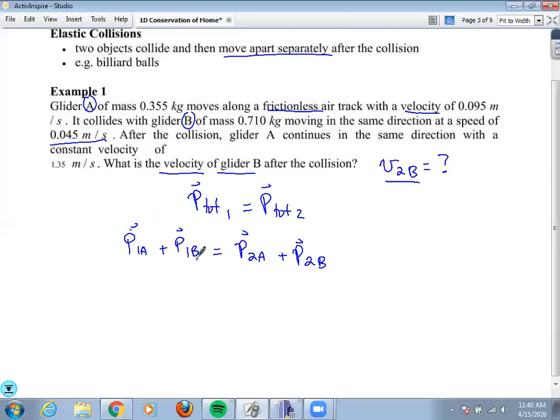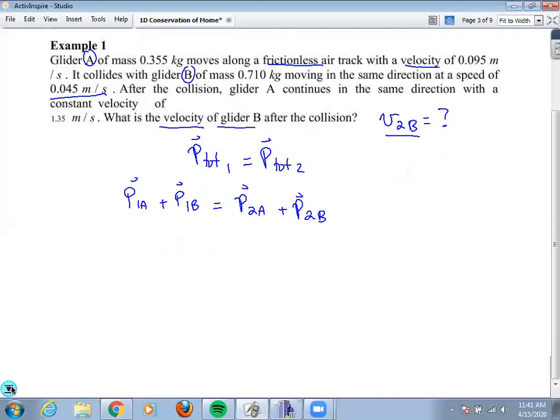Because we don't know the momenta, we will have to expand this out. We know that p equals mv from yesterday. So mA times v1A, that's the momentum of glider A initially, plus mB v1B must equal mA v2A plus mB v2B. We're just expanding out the definition of momentum.